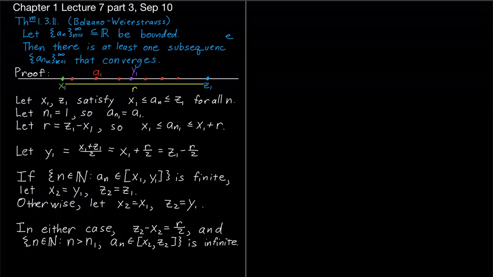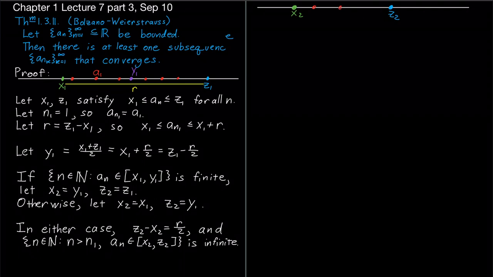So let's go ahead and draw this picture again. We've got our x2 here. We've got our z2 here, and we've got infinitely many points in here somewhere.